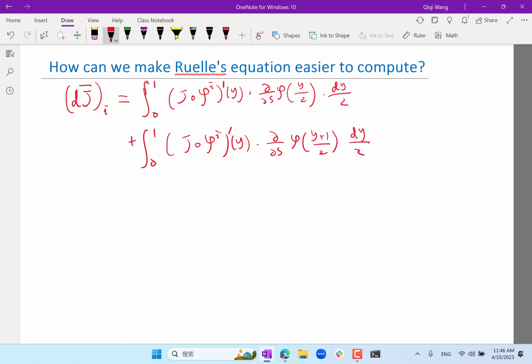Oh, prime. This is the derivative, and that's ready for integration by parts. Integration by parts has two components: one is the boundary term and one is the interior term. Let's just consider the easier case where the boundary term vanishes.